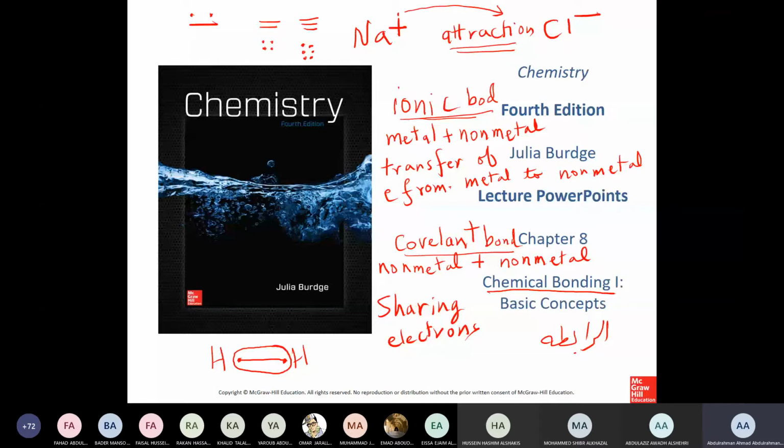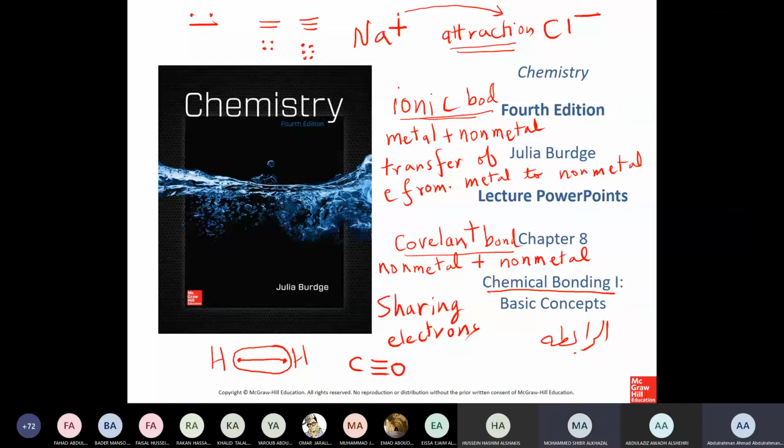But when I draw this, how do you read this bond? CO. Okay. How many bonds are between carbon and oxygen? Three bonds.